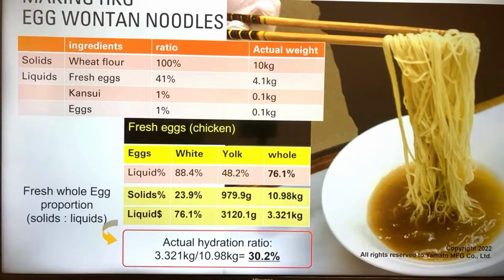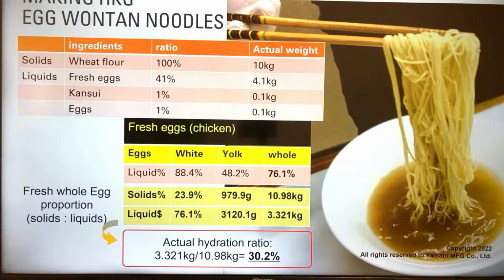We also have other liquids, calcium salt, each being 100 grams. So that total comes to 3.321 kilograms, and we can get the actual hydration ratio to be 30.2%.